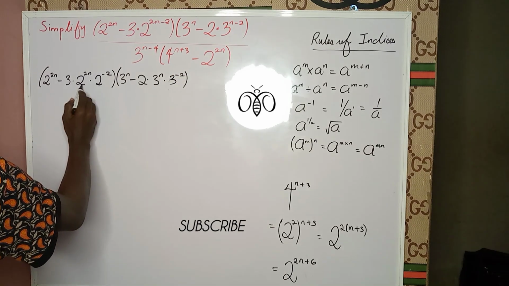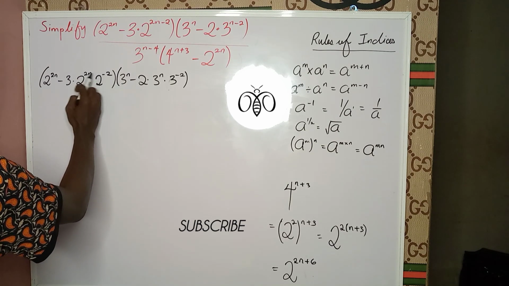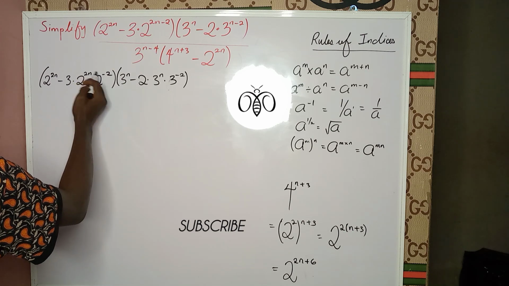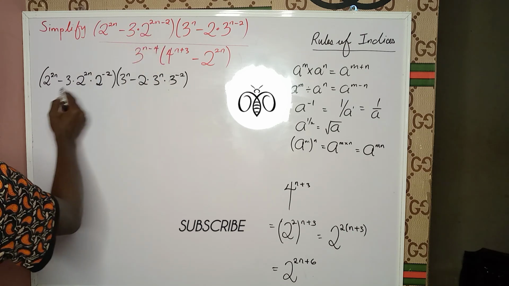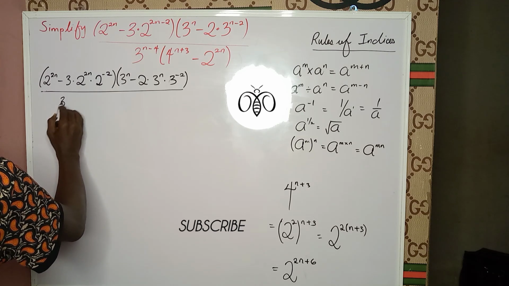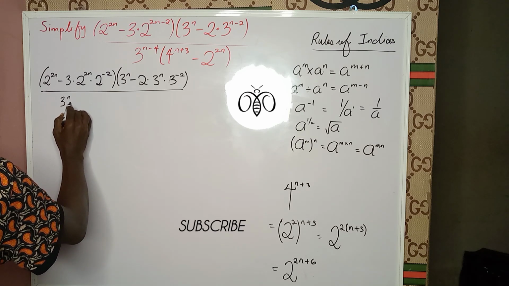The product rule: when we multiply this again, we add the power. Adding the power, 2n plus minus 2 becomes 2n minus 2. The same thing we have here. So that's the power rule over the same thing at the denominator.